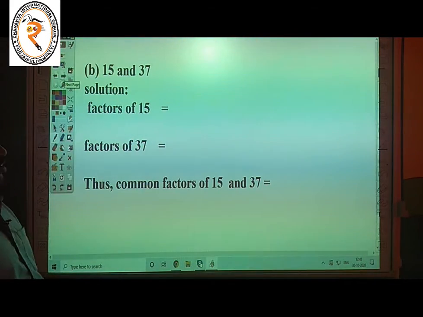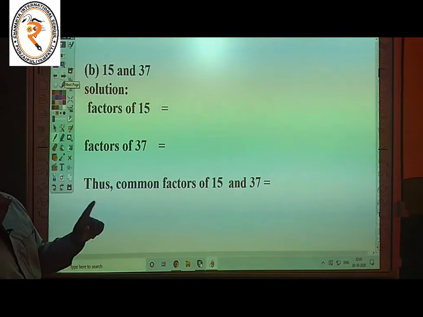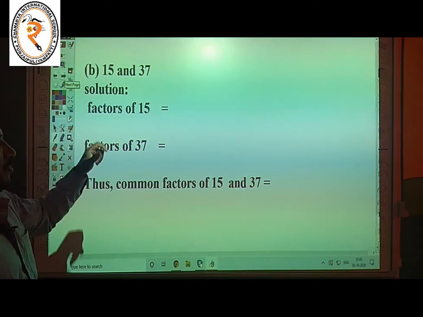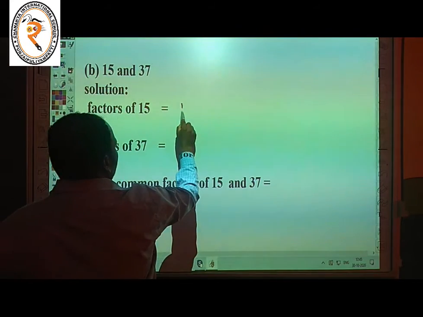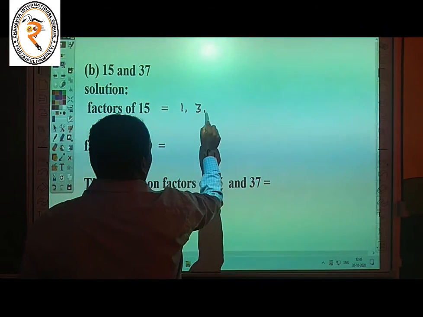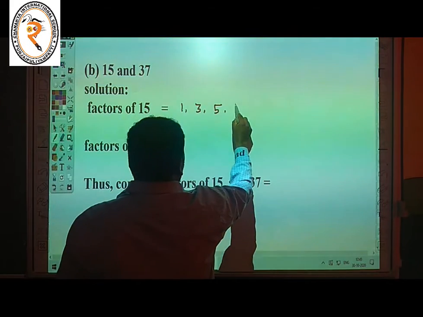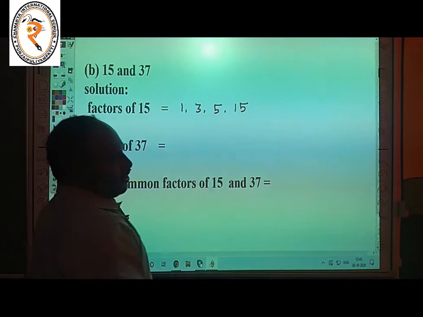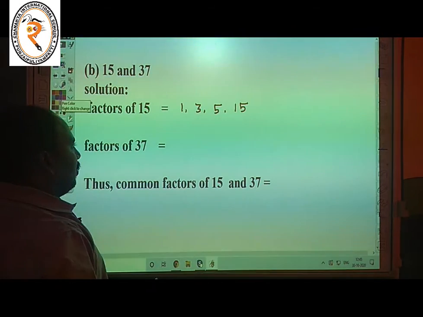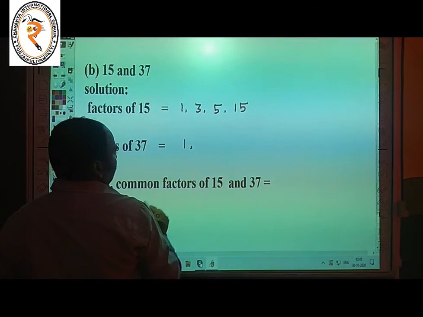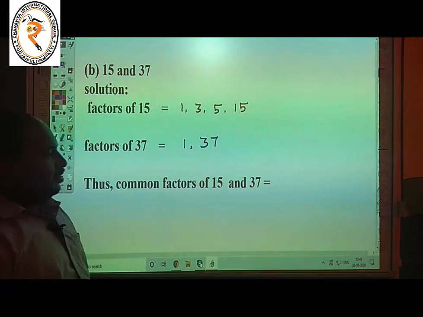The next one, we want to find whether 50 and 37 are co-prime. First we take the factors of 50: 1, 2, 5, 10, 25 and itself. The next one, factors of 37: 1 and itself, because 37 is a prime number.